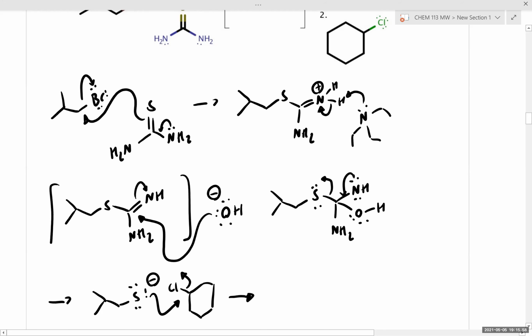From here, this forms another carbon-sulfur bond, and this gives us our desired asymmetrical sulfide product.